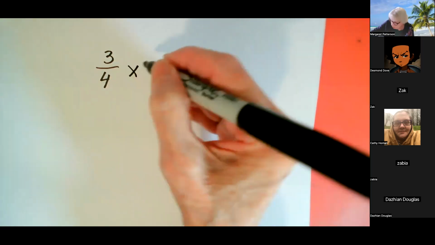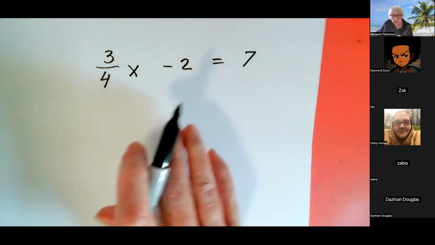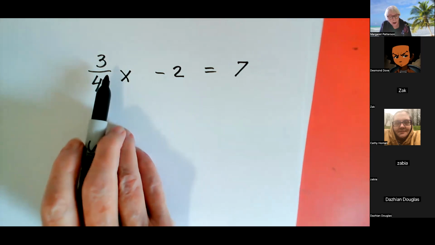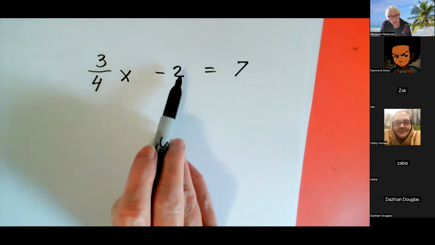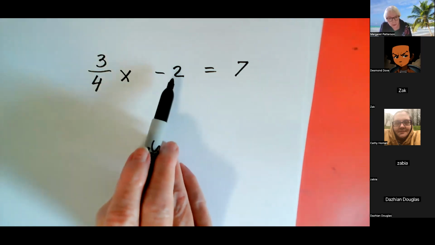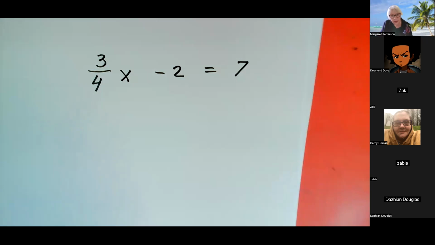3/4 x subtract 2 equals 7. I see the fraction and I don't like fractions particularly, but I realize this is a two-step problem because I've got the 3/4 to deal with and I've got the -2 to deal with. I'm going to do the same thing every time.